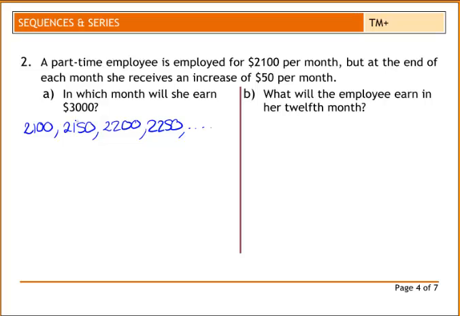In which month will she earn 3,000? I don't want to keep listing them to work it out, I want to work it out mathematically. So I know that a1 is 2,100, my common difference is 50, and my nth term is 3,000.